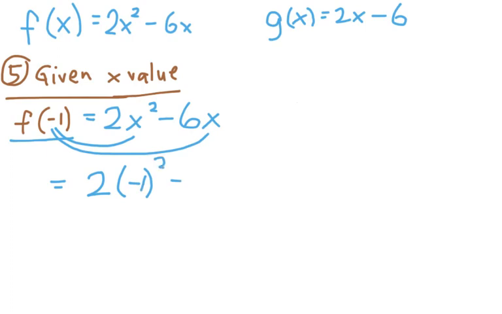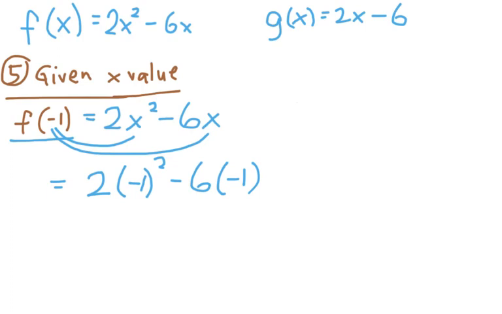Then we have negative 6, and again x, which we again substitute with negative 1. That's what we do whenever we have a value in the bracket: we substitute the value into x. Then everything is a value, and we calculate it.